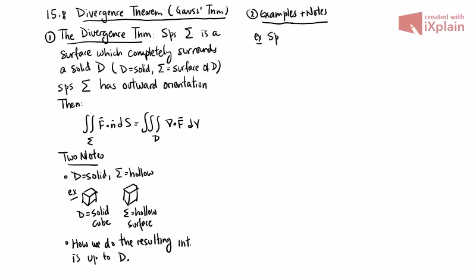So let's say example, a simple good first example. Suppose that sigma is the cylinder x squared plus y squared equals 4 between z equals 0 and z equals 5, along with the disks which seal the ends.